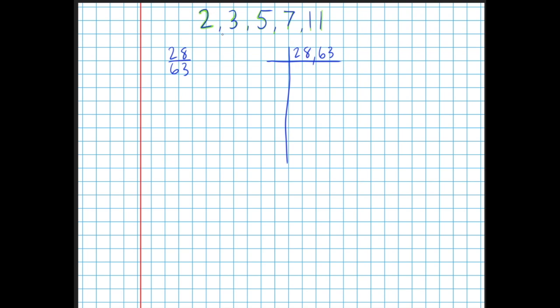So 2 is out of the question. 3 might work. I might have to do a little long division to check on the side. But 3 might work. 5's not going to work because neither one of these numbers are divisible with 5. 7. Now I'm thinking about my facts of 7, and I do recall the product 28 and 63 occurring.